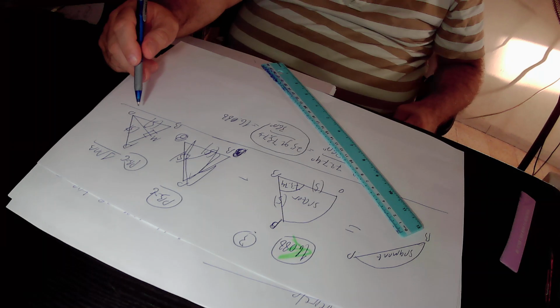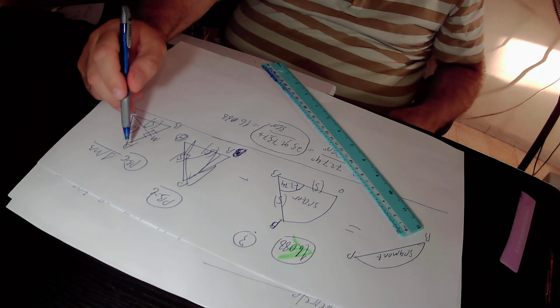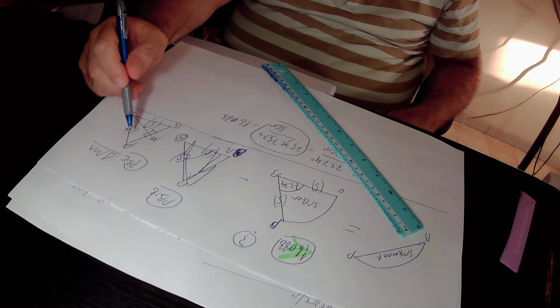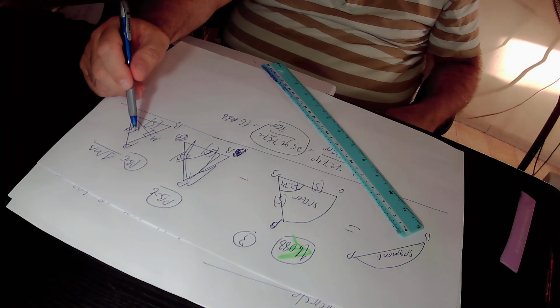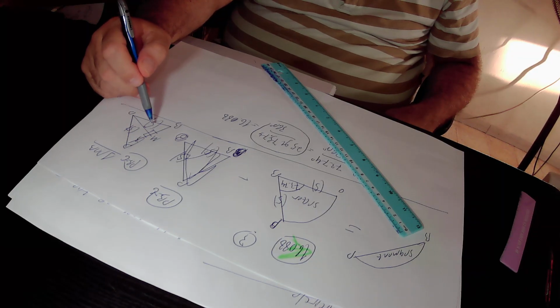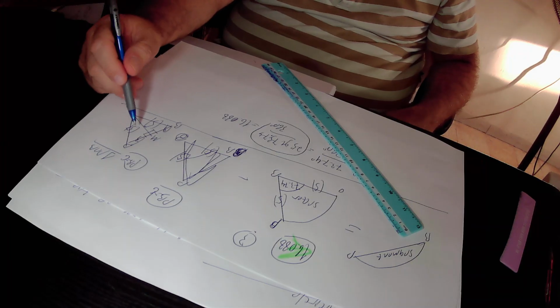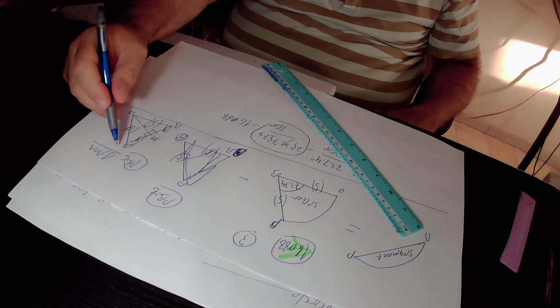The base PB equals 6 units in length, so half of 6 is 3. So PM is 3, and MB is also 3. In the right triangle PMO, 5 squared equals OM squared plus 3 squared.